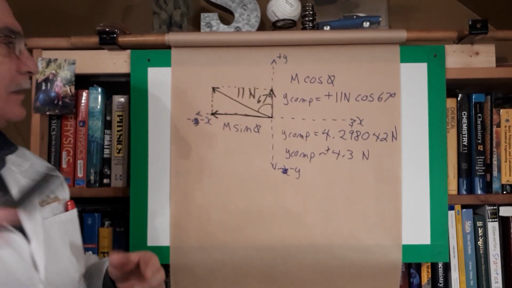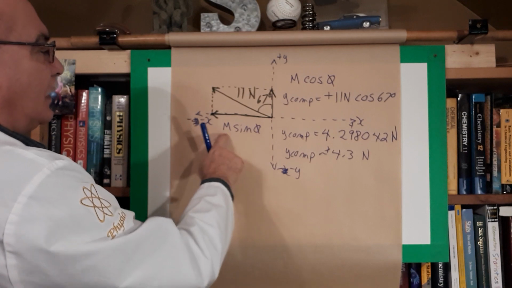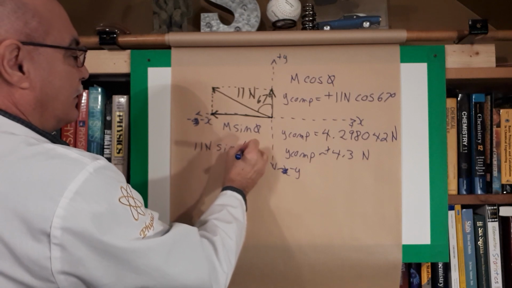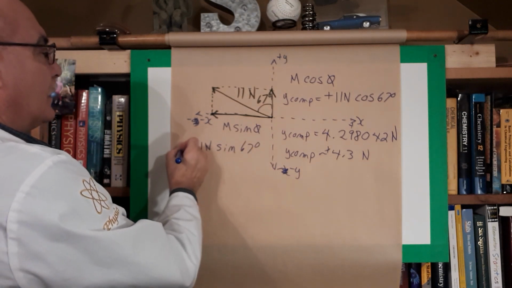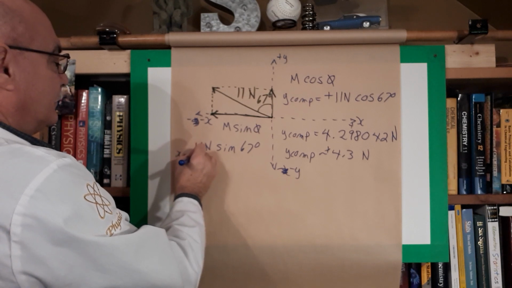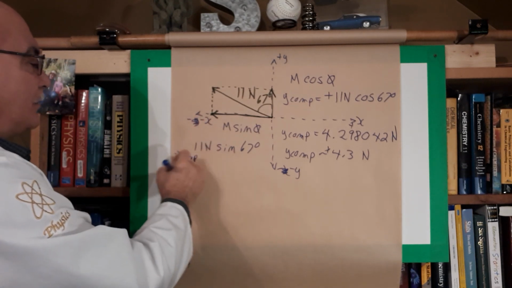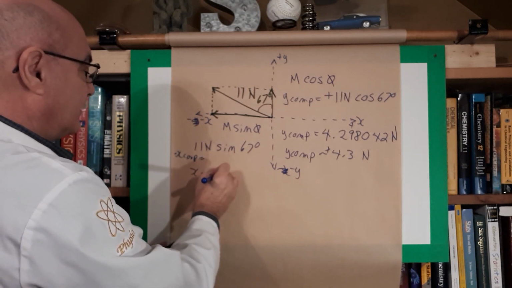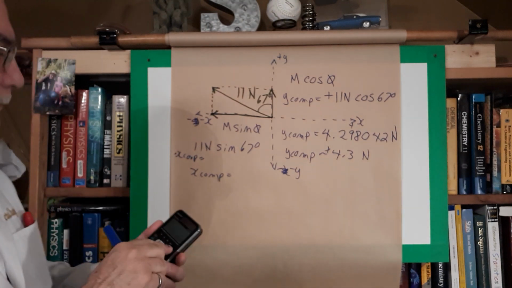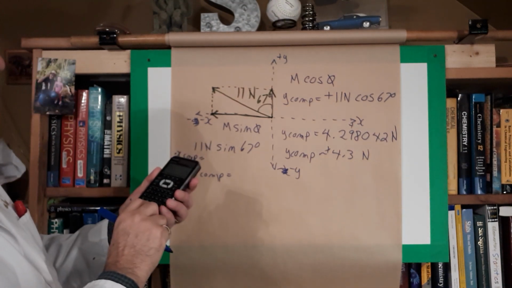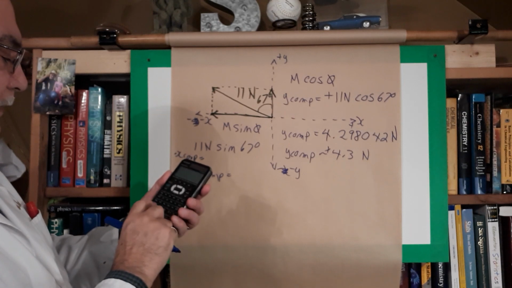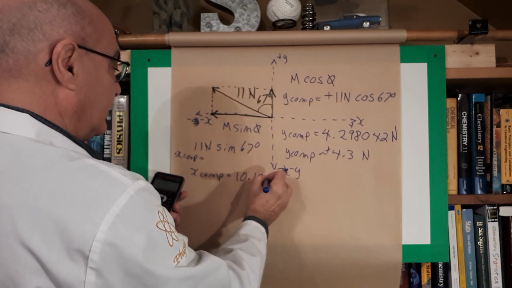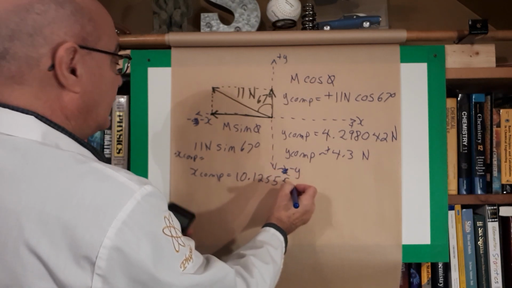Now let's do the x direction. M sine theta, it's 11 newtons, sine 67 degrees. This would be the x component. It's actually the minus x component, but it's the x component nonetheless. Putting this in my calculator, the x component is equal to 11 times the sine of 67 degrees, which is 10.12555.